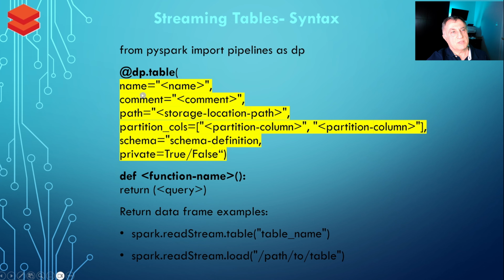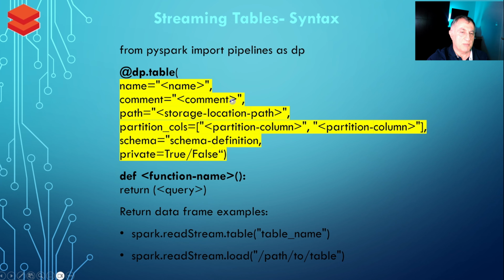Let's start with the name attribute. The name attribute defines the name of the object that will be created in your Unity Catalog and pipeline. If you don't provide the name attribute, the declarative pipeline will use your function name to create the table object in Unity Catalog. A comment is another optional attribute which allows you to provide some free text.